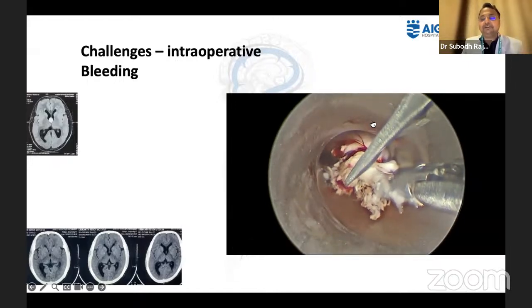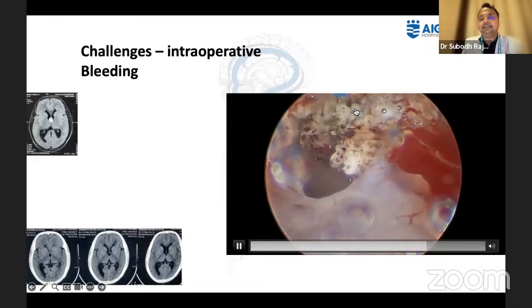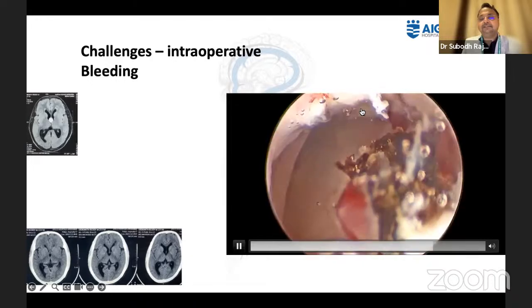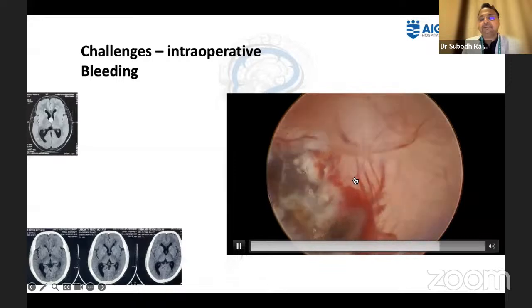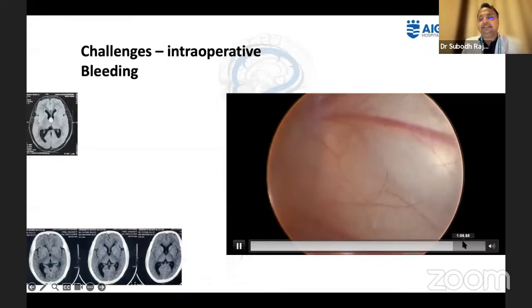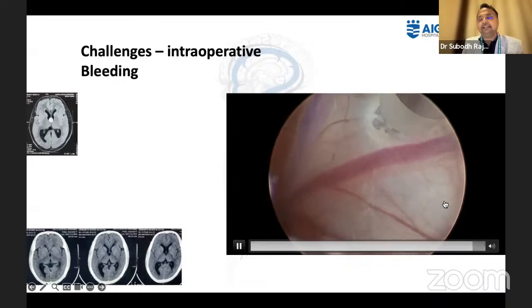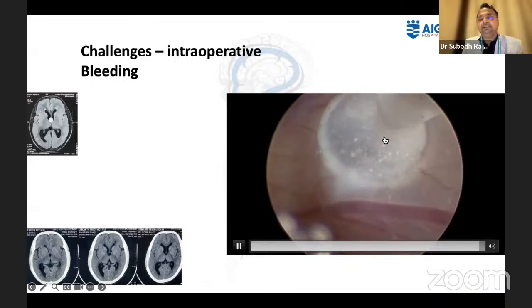So we draw the cyst into the scope, and we cut it and coagulate it with the laser only. The last part of the cyst is mobilized, and then we irrigate it. After that excision has been done, we properly irrigate the cavity and do a septostomy. Inspect the opposite side for any hematoma, and that finishes the excision.